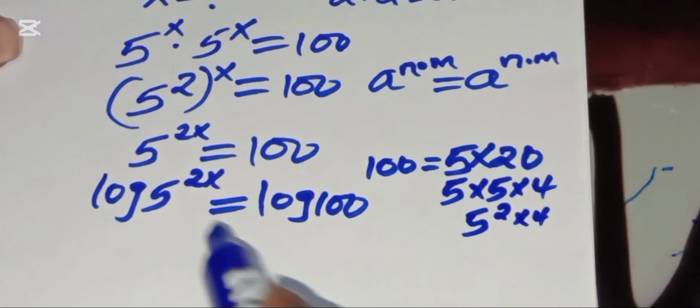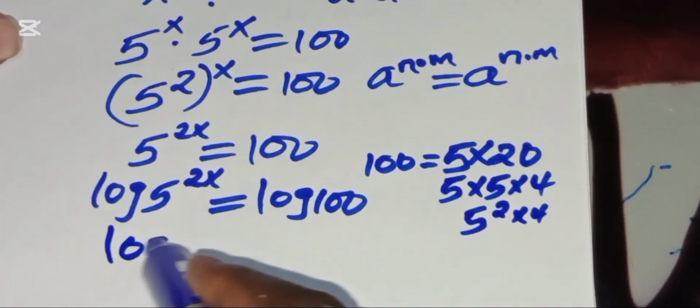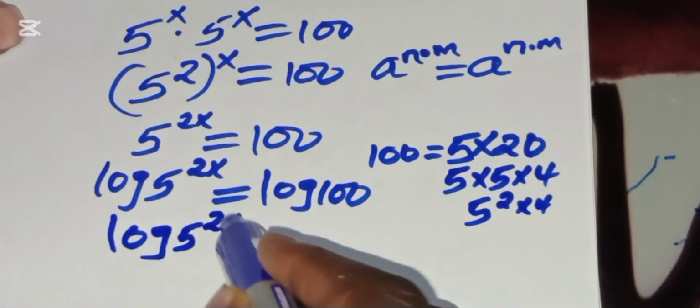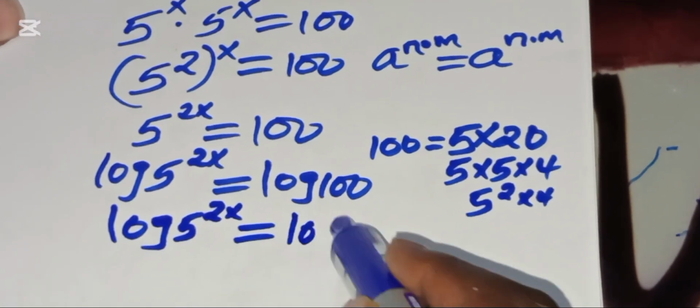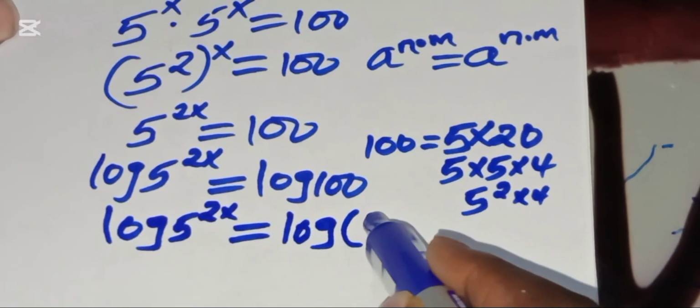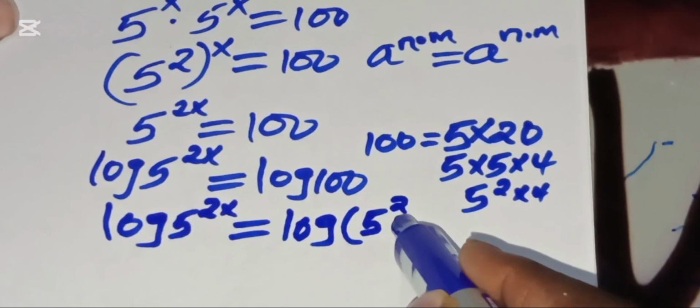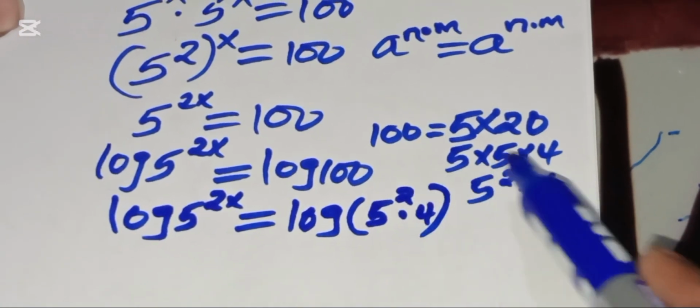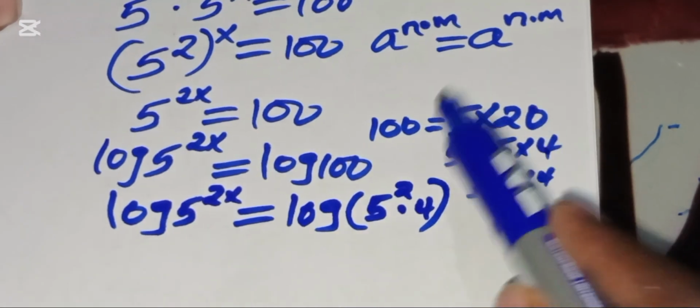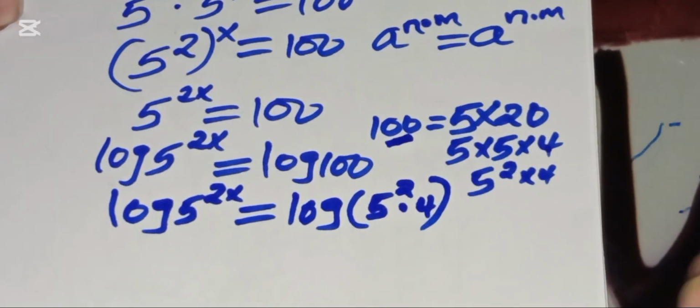So we have log 5 raised to power 2x equal to log of 100, which can be expressed as 5 raised to power 2 multiplied by 4. 5 squared is equal to 25, 25 times 4 is the same thing as 100.